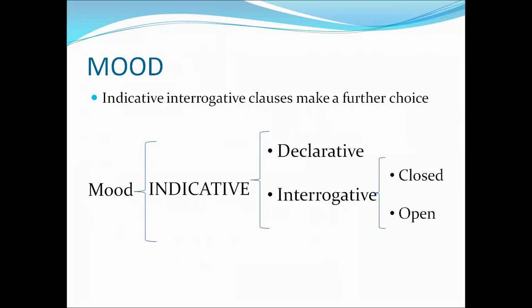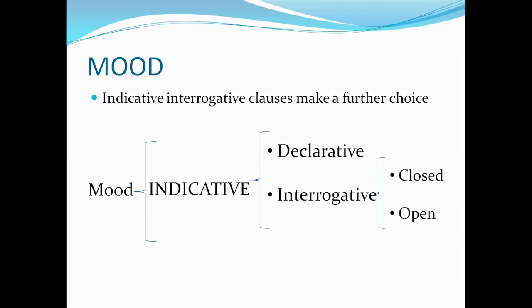Again, we can penetrate into the subject matter. Mood, indicative mood. There are two types, declarative and interrogative. And under interrogative, you can further find two categories, closed interrogative and open interrogative.